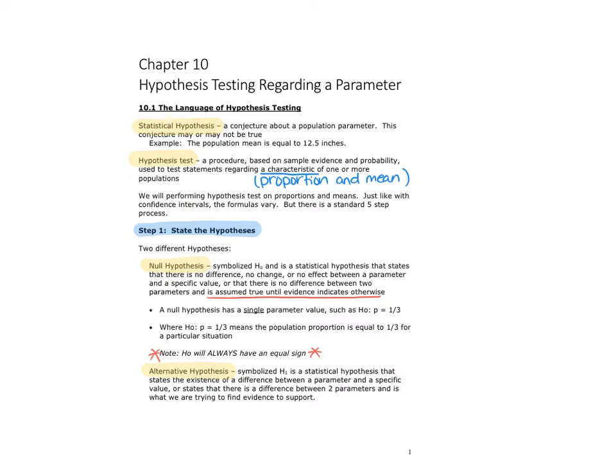The alternative hypothesis, symbolized H1, is a statistical hypothesis that states the existence of some difference between a parameter and a specific value. It is what we are trying to find evidence to support. Oftentimes, our alternative hypothesis is called our claim.